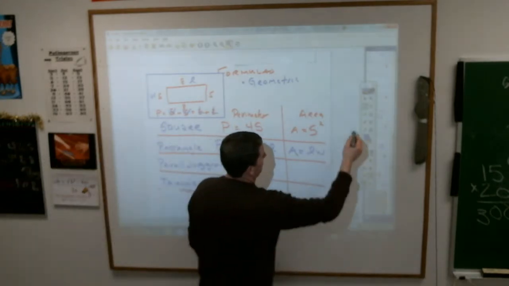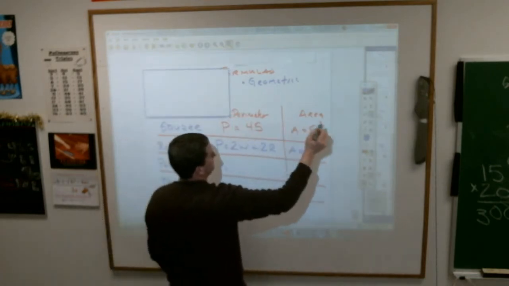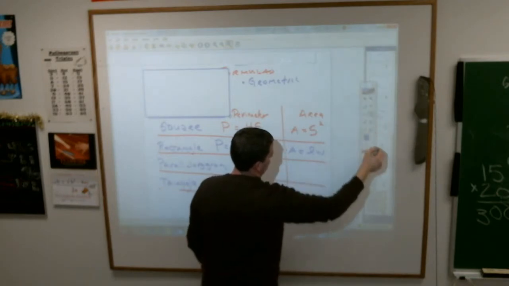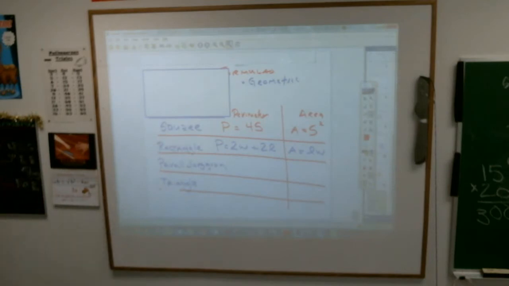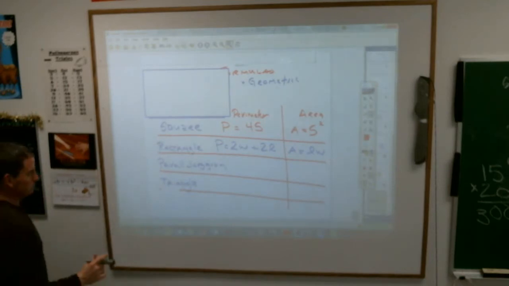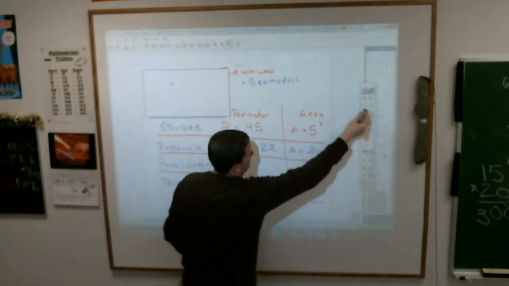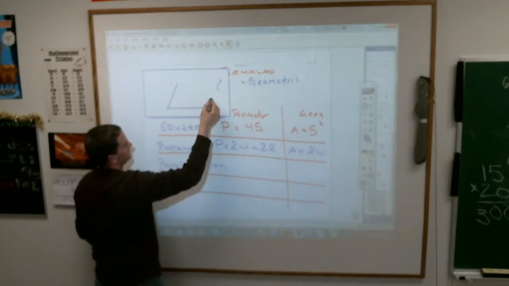Now, a new one. What about a parallelogram? What am I looking for? The difference between a rectangle and a parallelogram is, and this one gets a little goofier too. A parallelogram usually looks like this.